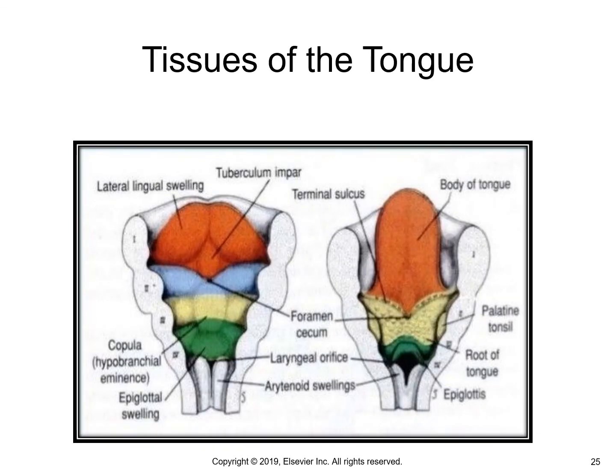So you can see here the tuberculum impar is kind of at the base or behind the V in the tongue, which is known as the terminal sulcus. We've got these lateral swellings on either side that quickly enlarge and merge. And you can see the body of the tongue on the image to the right.